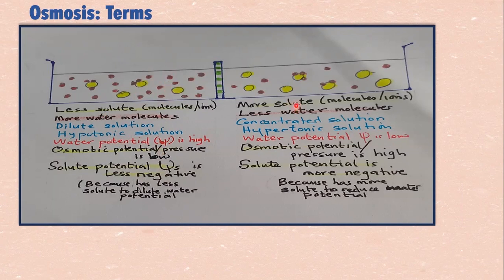But here, the solute potential is more negative because there's more solute to trap water molecules around themselves so that there is no free water to move about. So it lowers the water potential. It also reduces the kinetic energy of water. So it lowers the water potential.